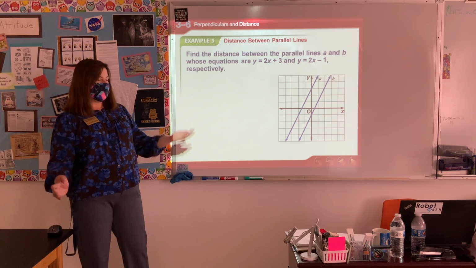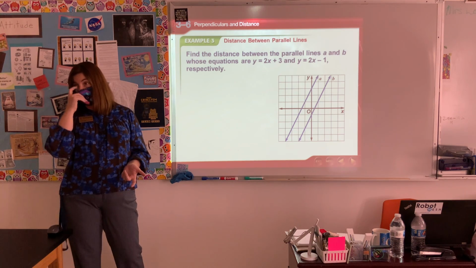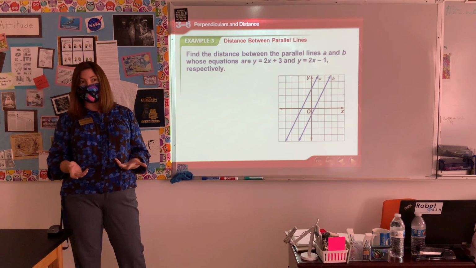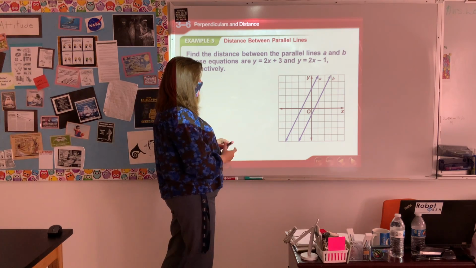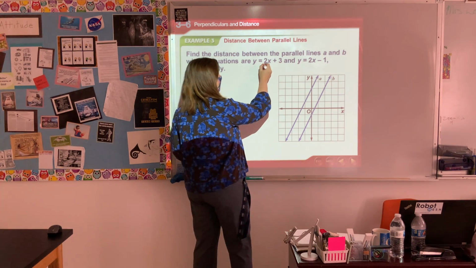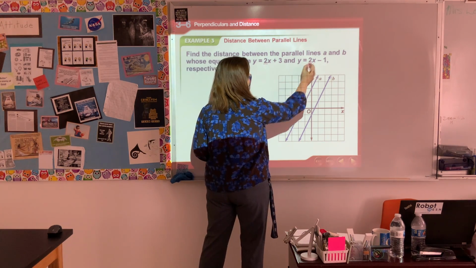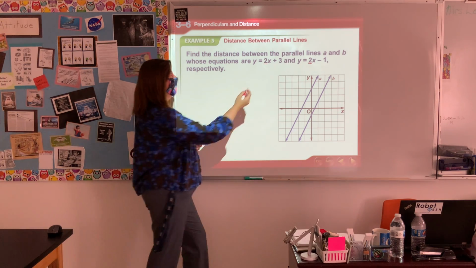So we have these two parallel lines. Do I know the slope of these lines? Yes, I do. There's multiple ways that I can do that. Here, this says the slope of lines A and B is 2. Why?